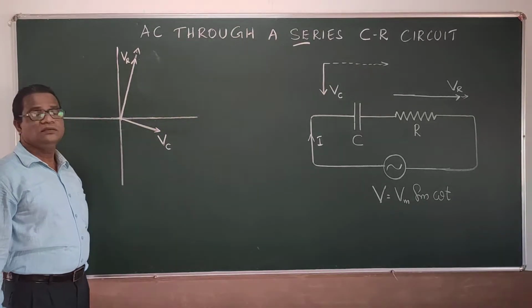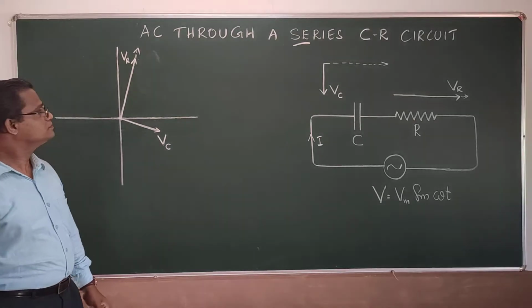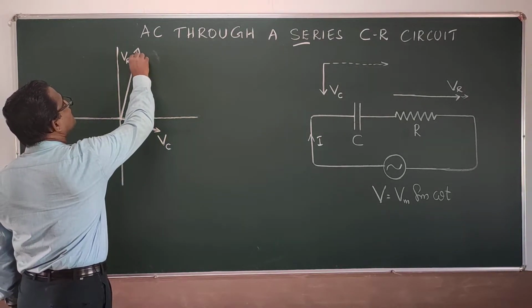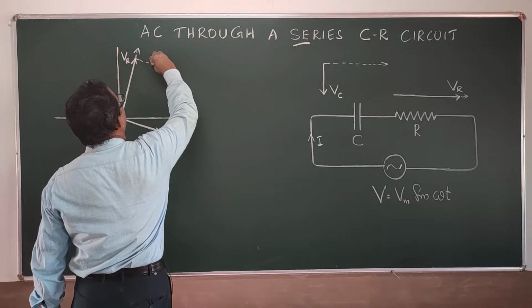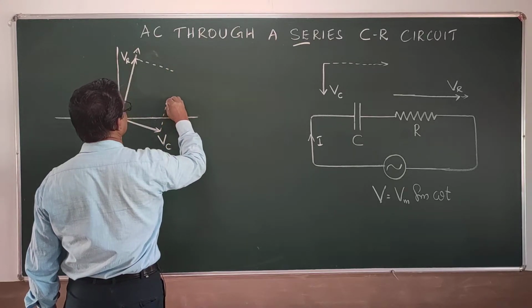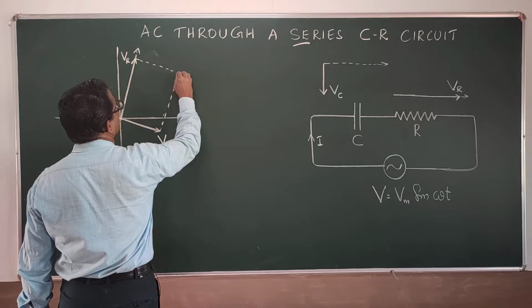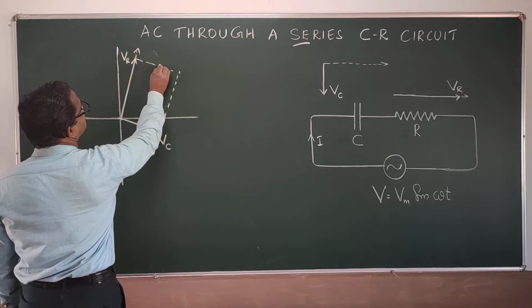So it has to be taken in the clockwise direction, pi by 2 angle. Okay. Now to get the Vm for the circuit, we have to draw the resultant of this Vc and Vr.